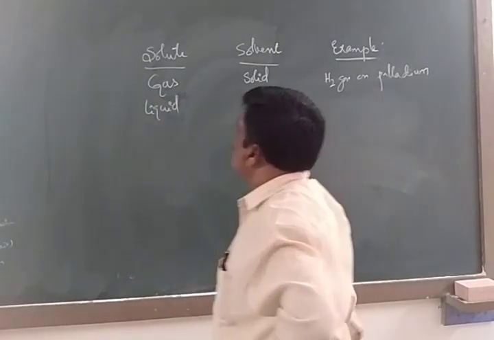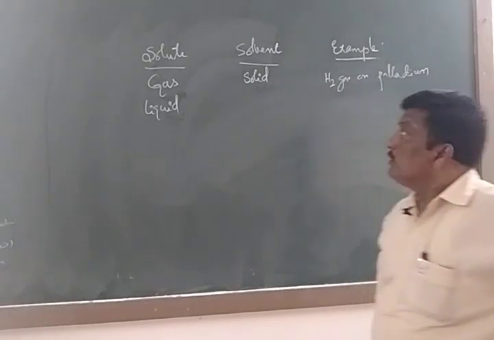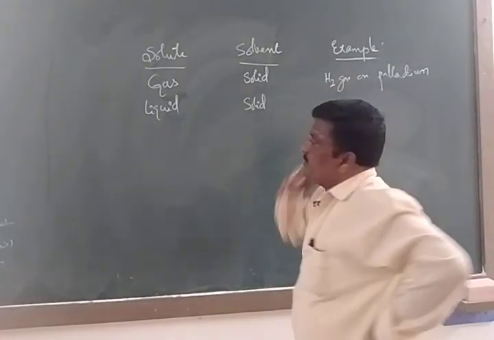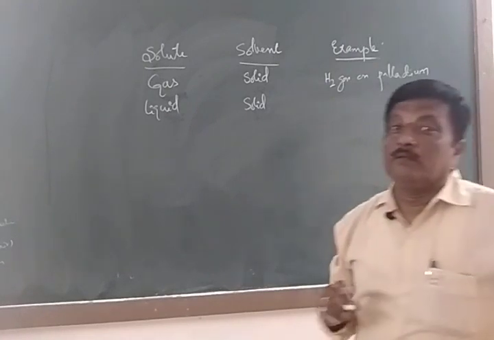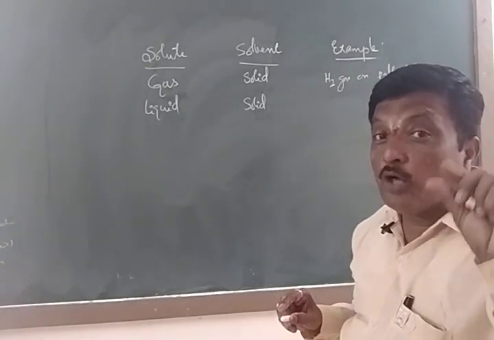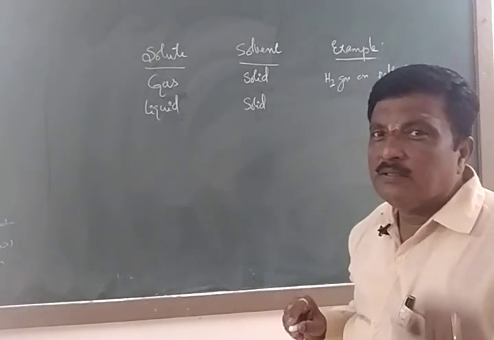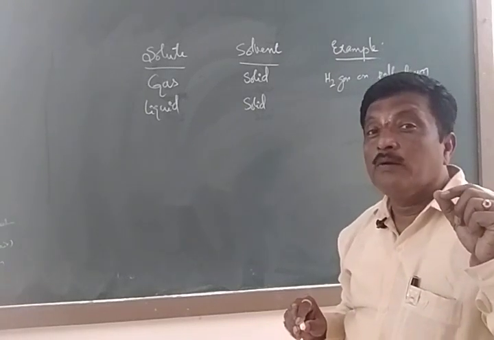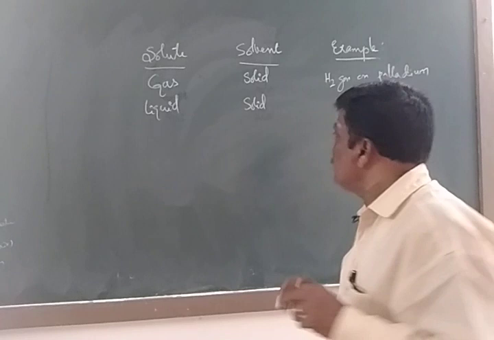Next we shall move to liquid solute, and the solvent should be the same, that is solid. That means the solute should be liquid. Just imagine which is the best example. Very simple.